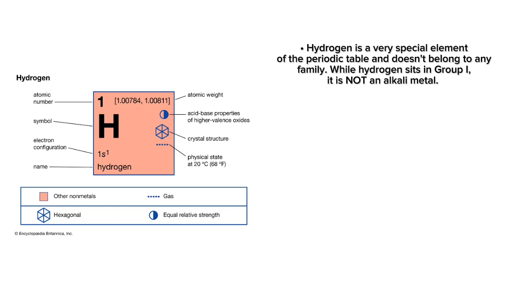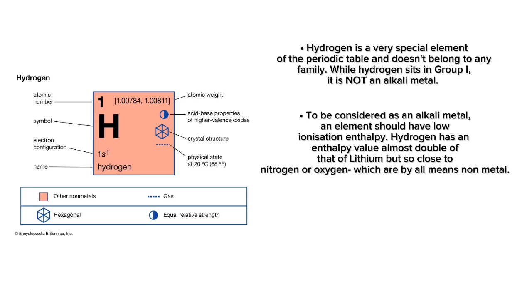Hydrogen is a very special element of the periodic table and doesn't belong to any family. While hydrogen sits in group 1, it is not an alkali metal. To be considered an alkali metal, an element should have low ionization enthalpy. Hydrogen has an enthalpy value almost double that of lithium but close to nitrogen or oxygen, which are by all means non-metals.